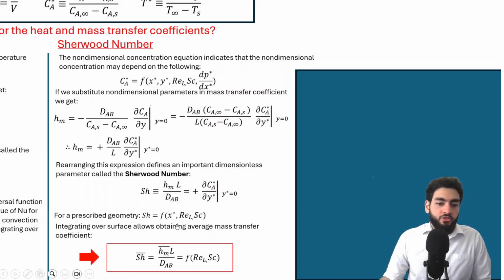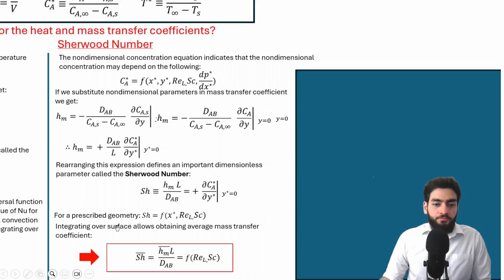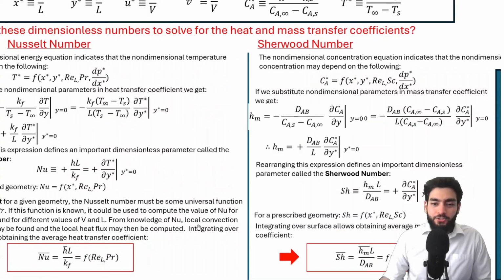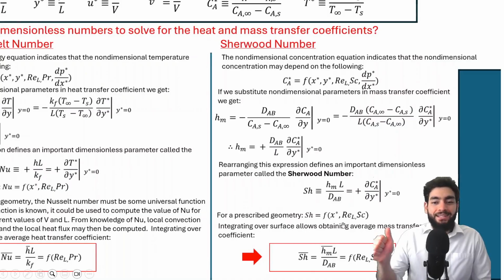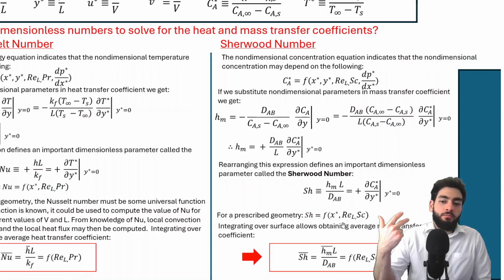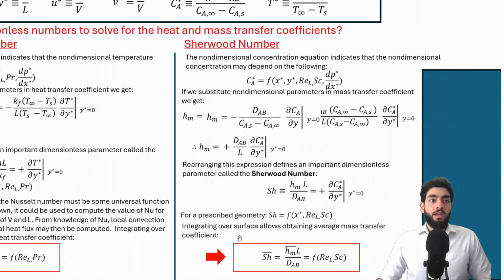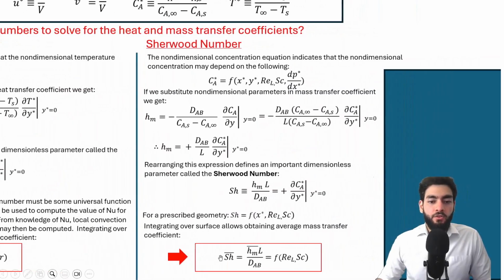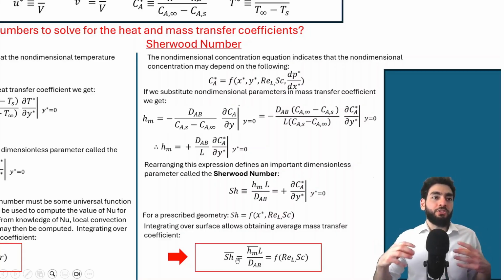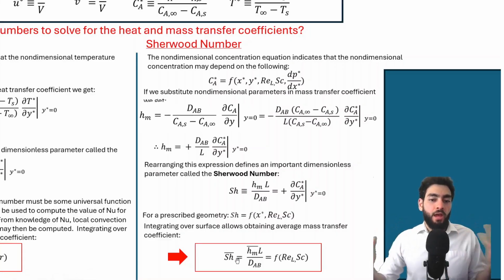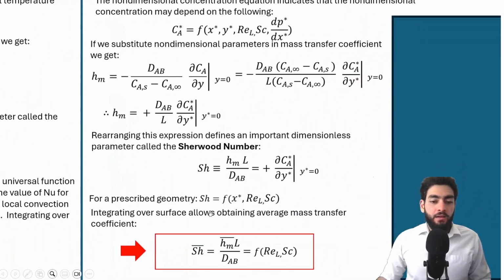For a prescribed geometry, just like the Nusselt number for heat transfer, the Sherwood number is a function of x, the Reynolds number, and the Schmidt number. Similarly, you're going to find relationships for the average Sherwood number, and when you use a relationship for an average Sherwood number, that gives you the average mass transfer coefficient.